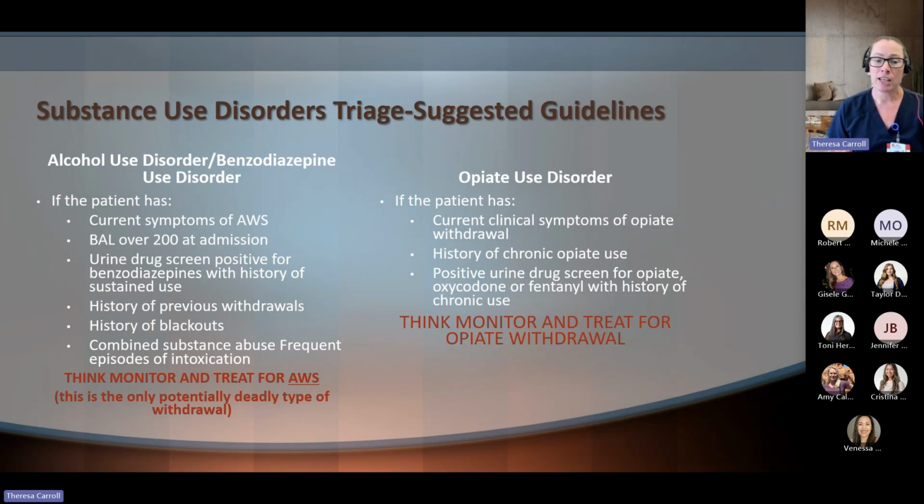Because with both of these, I think it's easier to monitor and to have available the tools, the medications, the things that we might need to treat the withdrawal. If we have them and we don't need them, okay, great. But if we need them and we don't have them, that becomes potentially very, very problematic.